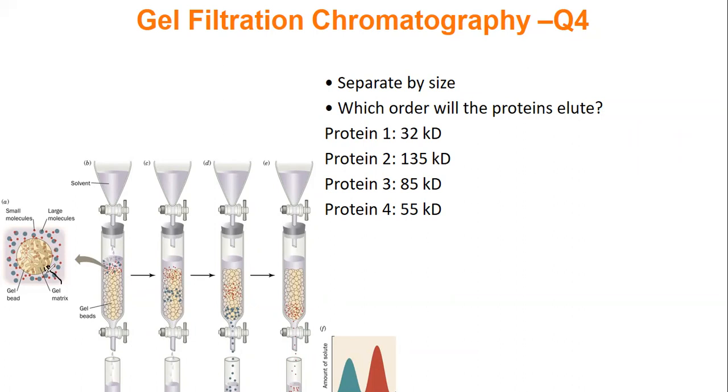These beads are full of little tunnels, and you can buy beads with different tunnel sizes. But the idea here is any small protein under a certain weight can go into the tunnels, while a big protein cannot.